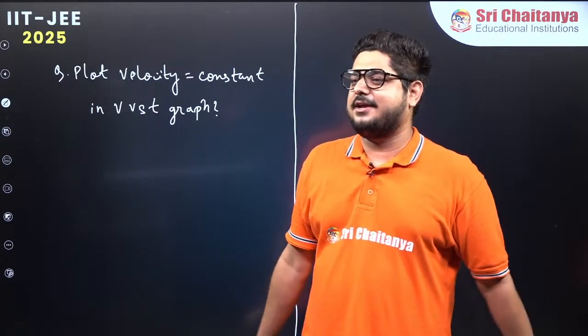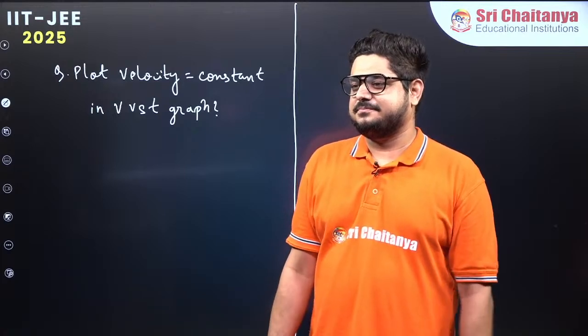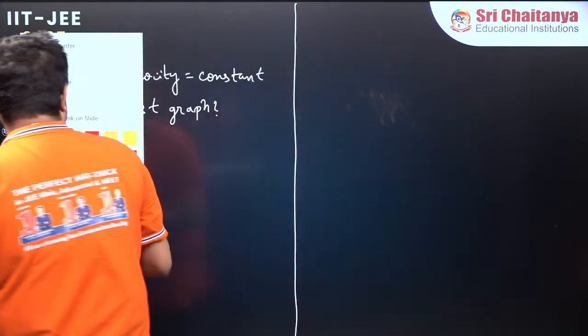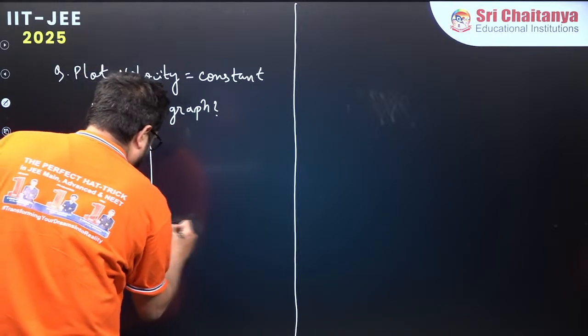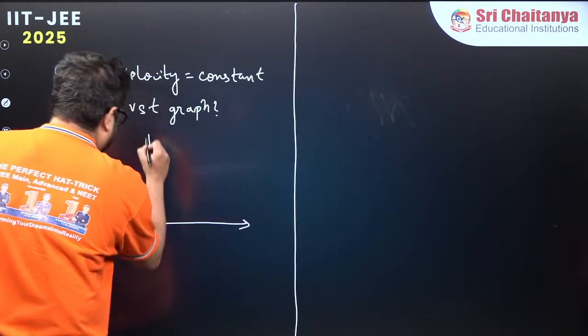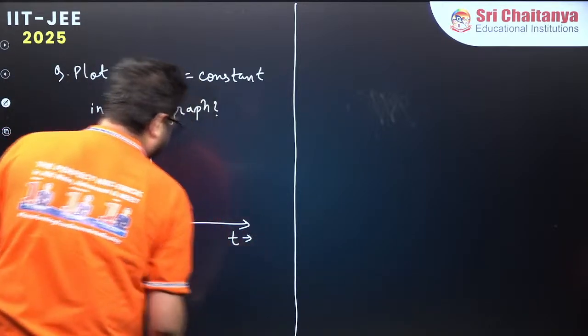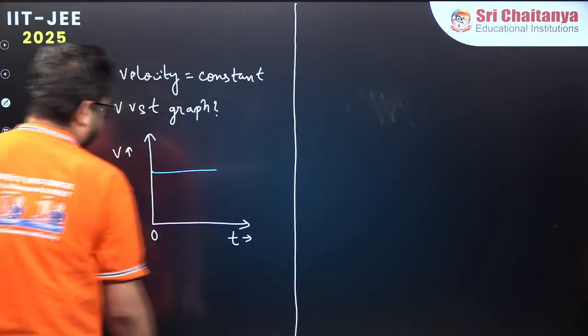Yes, correct Srikar, you are right. So now if I try to plot the graph with V along the ordinate axis and time along the x-axis, I will get the nature of the graph to be this.